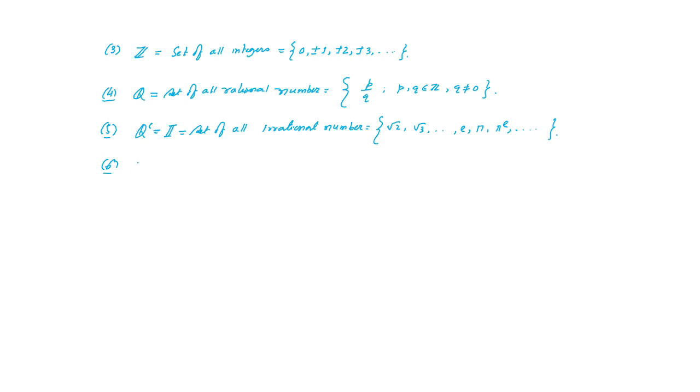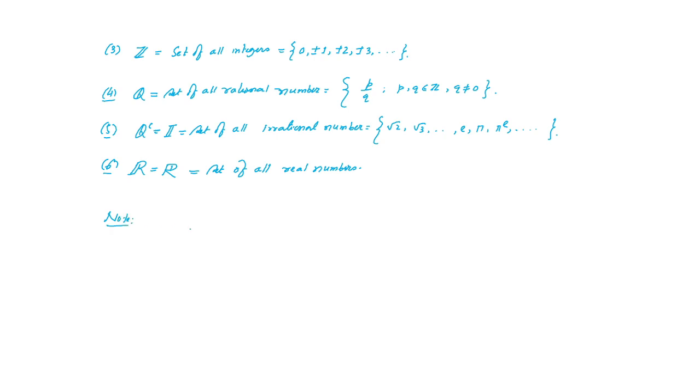Now we will come to the set of real numbers. This is represented by R, or in some books you will see this symbol is taken as R. So this is basically the set of all real numbers. And that is one important note.